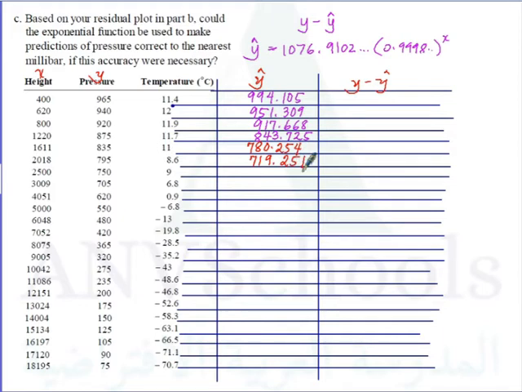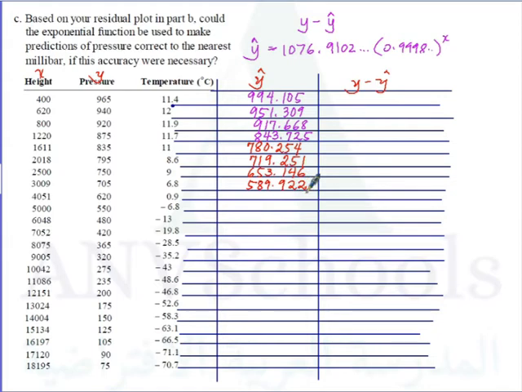And if my x is 2500, I will have 653.146. If my x is 3009, then I will have 589.922.